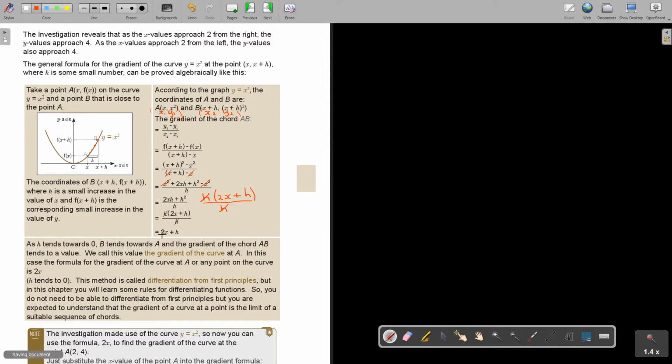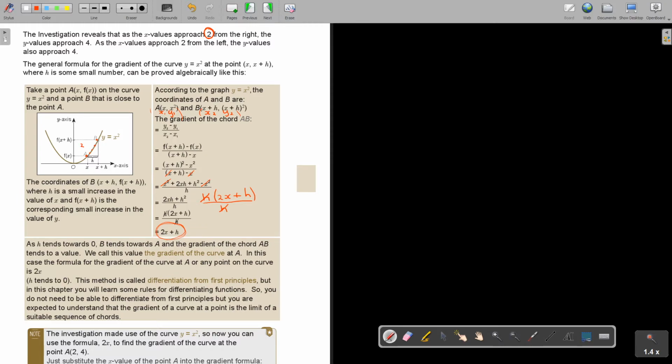And now this is my formula. Do you see? This is my formula, how I can work out that gradient. Okay, because h is now 0, don't forget. So in the previous investigation, if you were clicking on the QR, you would have seen that the x value was 2. That point there was 2.